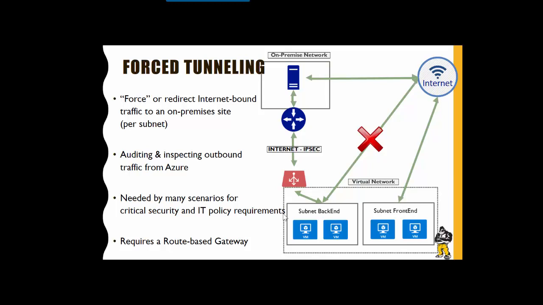Or if anyone is trying to connect to my backend servers, for example for remote administration, we're going to configure force tunneling, where communication first goes to my on-prem network through the site-to-site VPN and then allowing communication to my backend server.